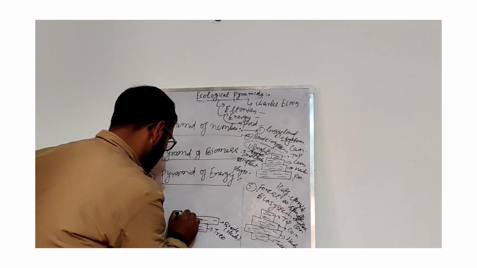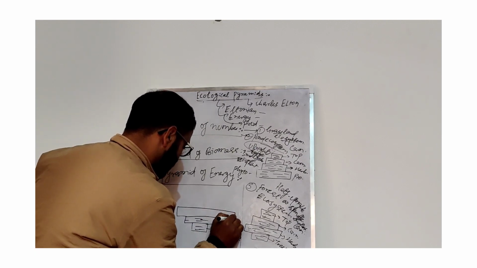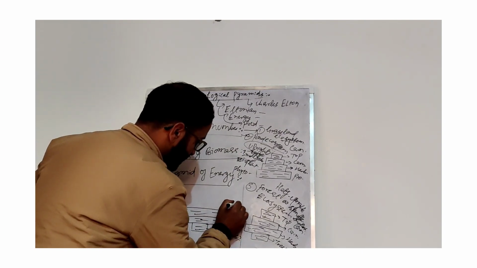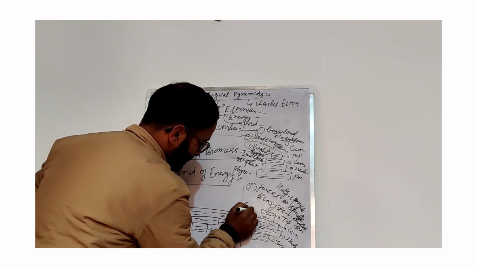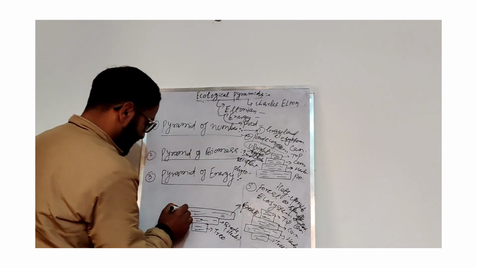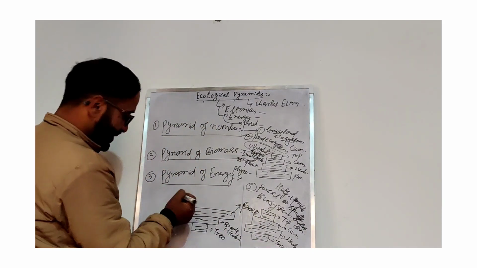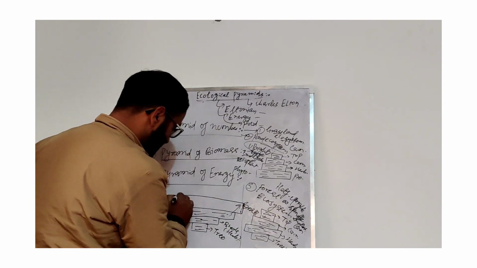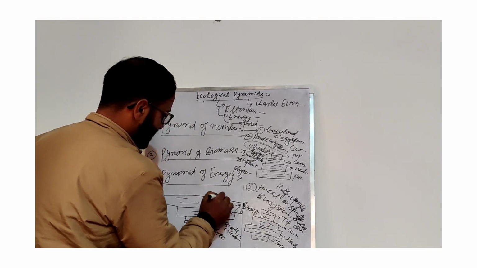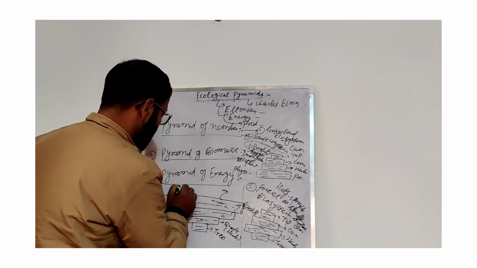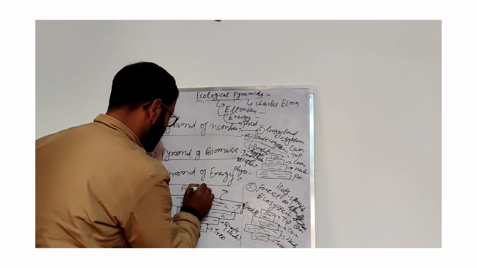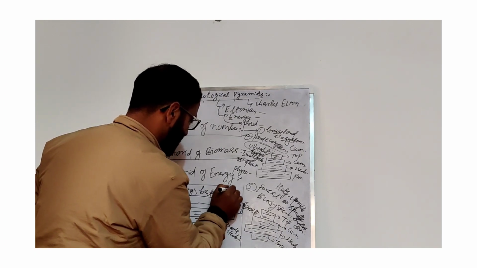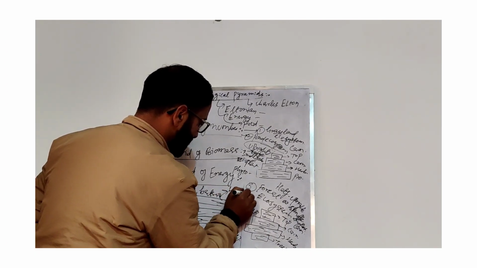Then we have many parasites on these birds. Their number is larger than the number of birds. Then we have parasites even on the parasites, such as fungi, bacteria, etc. These are called hyperparasites.